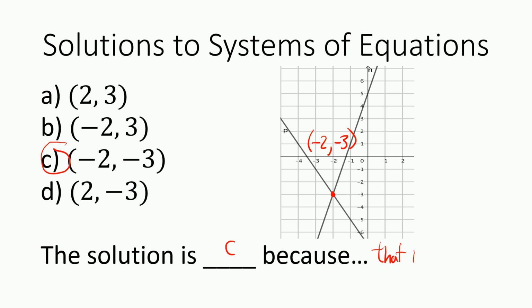That is the point of intersection of the two lines. So when it comes to finding solutions on graphs, it's just a matter of finding the intersection of the two lines.